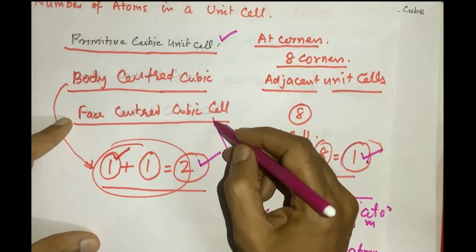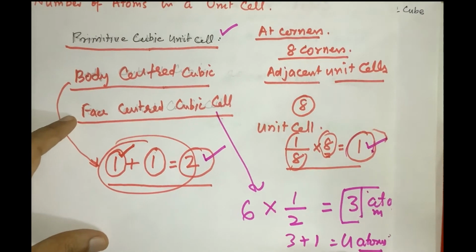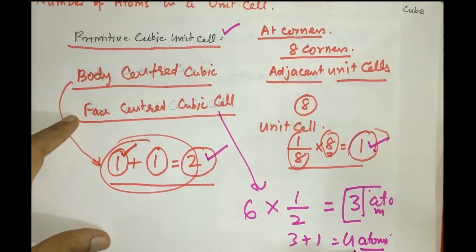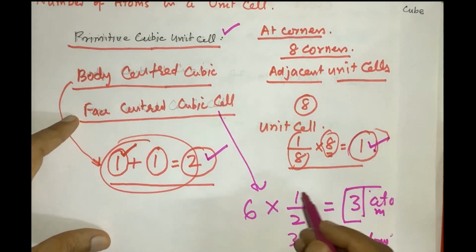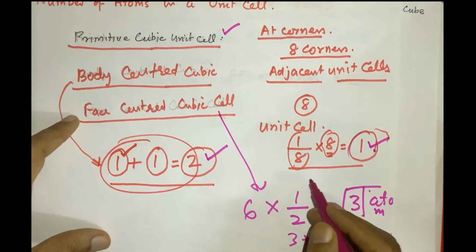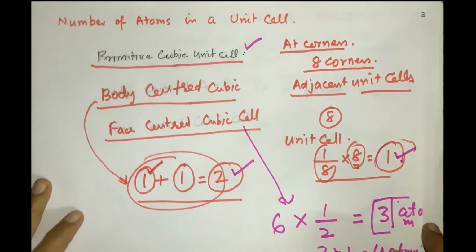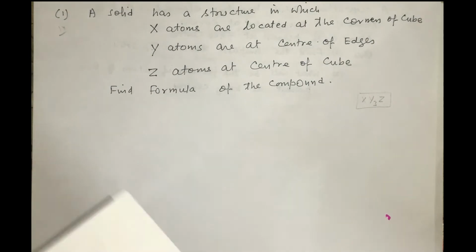And if it is face centered cubic cell, then the number of constituent particles is 4, because at the face each constituent particle is shared by one more adjacent unit cell. So I hope this is clear, because this theory will be utilized in our numerical problems.